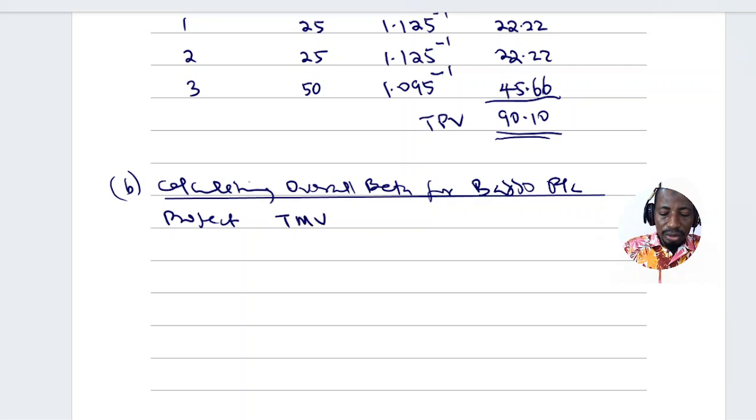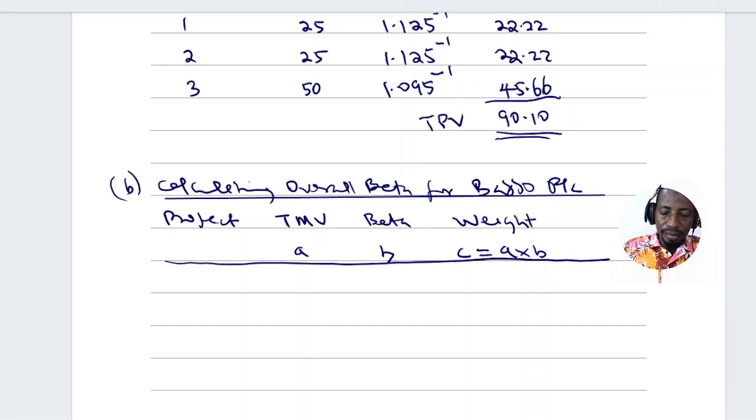Then we are going to create a column for the beta value, then another column for the weights. Let's say this is A, this is B, this is C, A multiplied by B. So we have project 1, 2, 3.